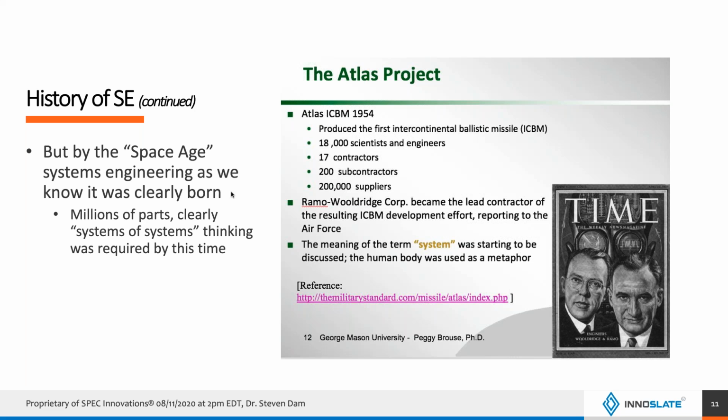That was when you're starting to think in terms of millions of parts, large numbers of contractors, a lot of work. So the system became a really big deal, and having to work the system meant really a system of systems even then.